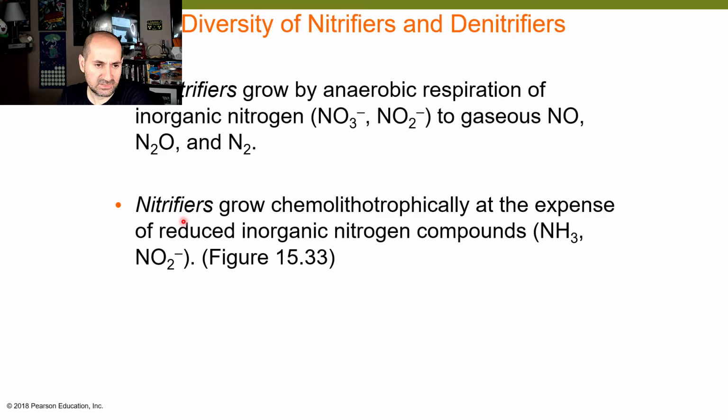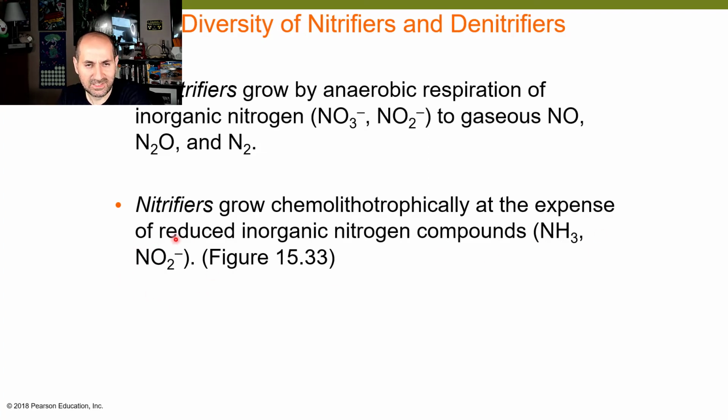Nitrifiers, however, on the other hand, they grow chemolithotropically at the expense of reduced inorganic nitrogen compounds. So what they do is they oxidize ammonia, and they oxidize nitrite to nitrate.